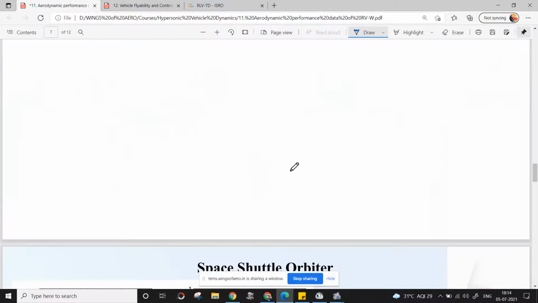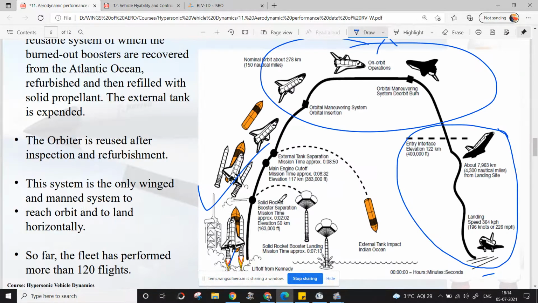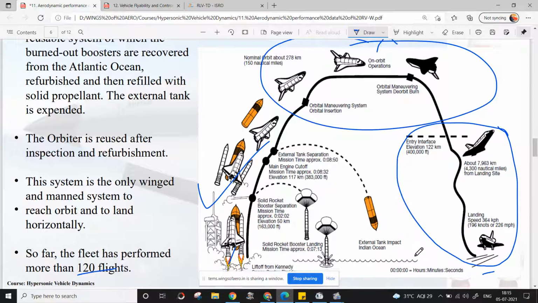Whereas the space shuttle orbiter has successfully flown more than 120 flights, from takeoff to landing. Although we have had some disasters and accidents, mostly it is a successful thing.